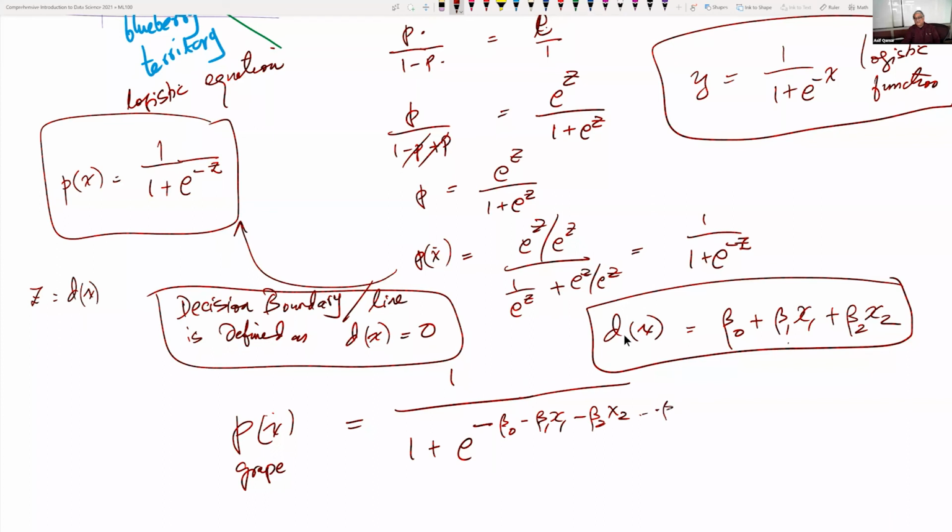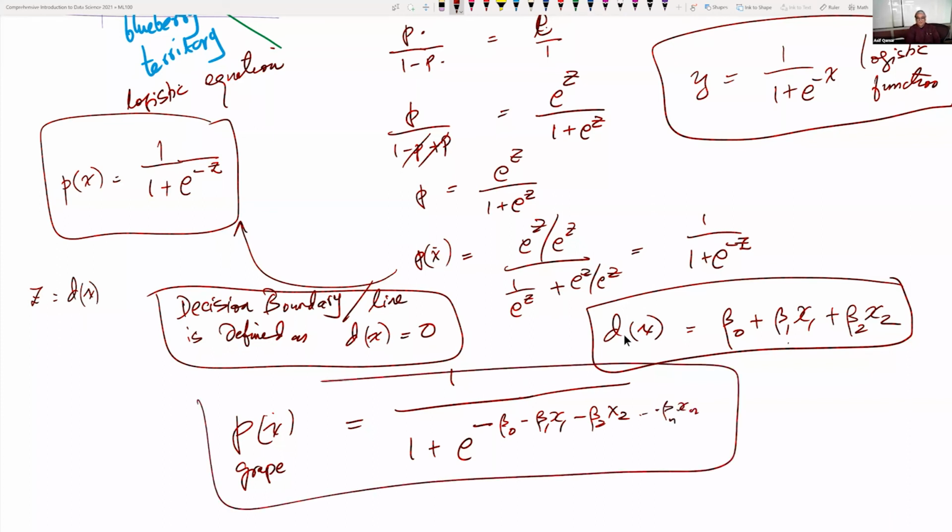And suppose there are n variables. This is the equation. Now, interestingly, most books sort of drop this equation onto your head. You come up and they say this is the logistic regression equation, classifier equation.